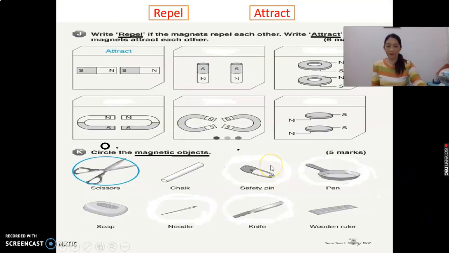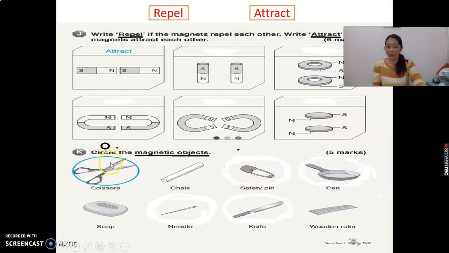And page 57: write repel or attract. Number 1 is north pole, south pole, then the other pole pairs, north and north, and north pole and south pole.